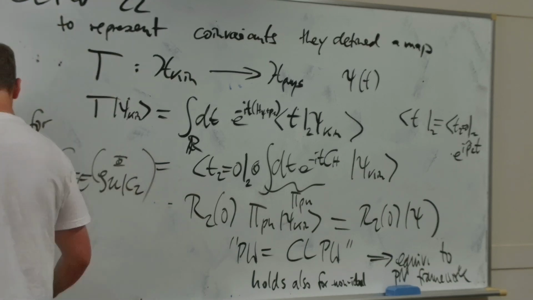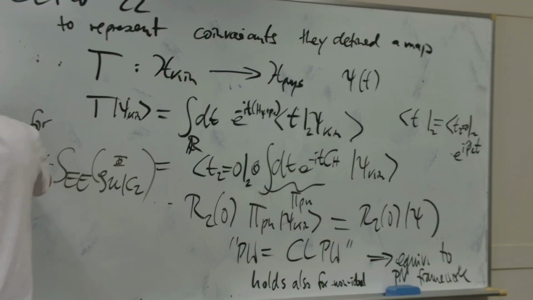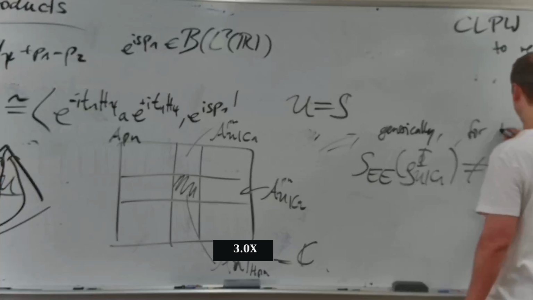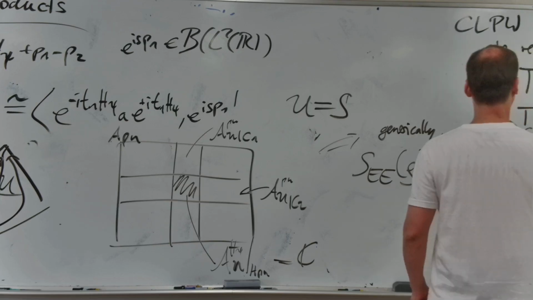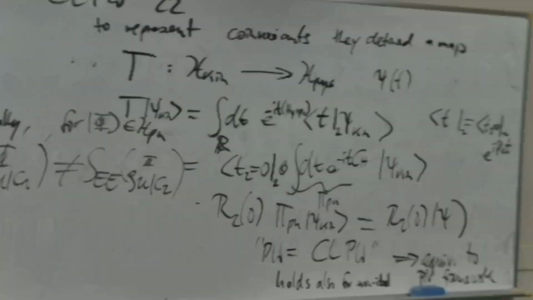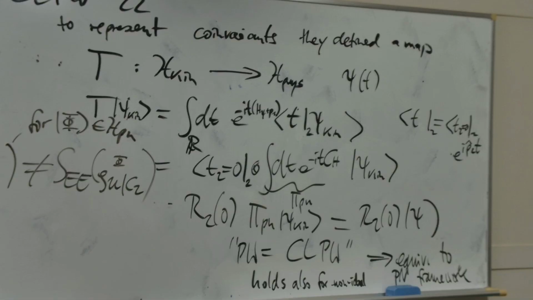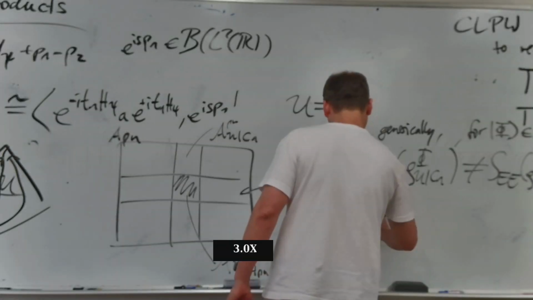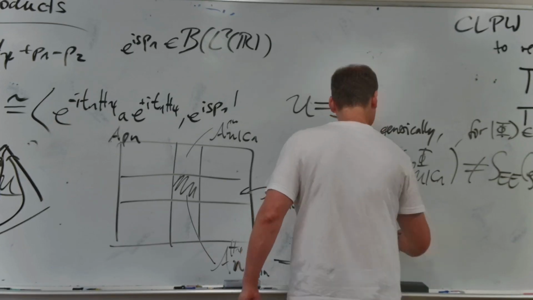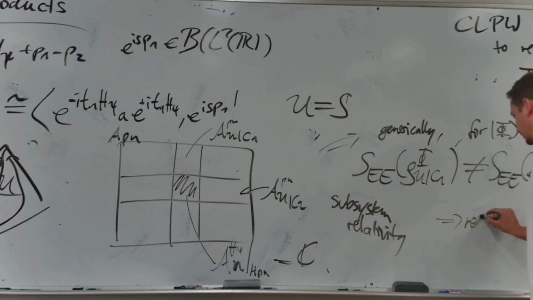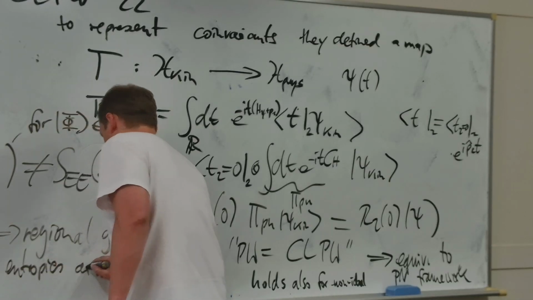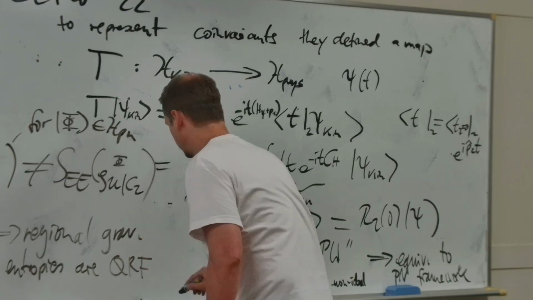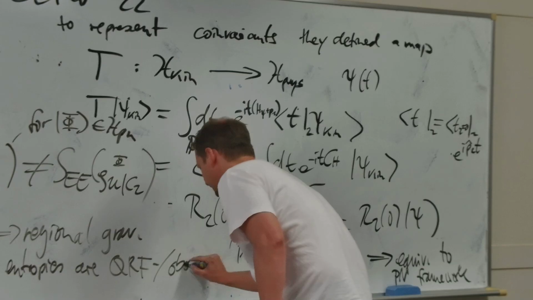I mean, there are of course counterexamples, but generically you will have that. So there's a subsystem relativity, and so the regional gravitational entropies are QRF, or observer, dependent.